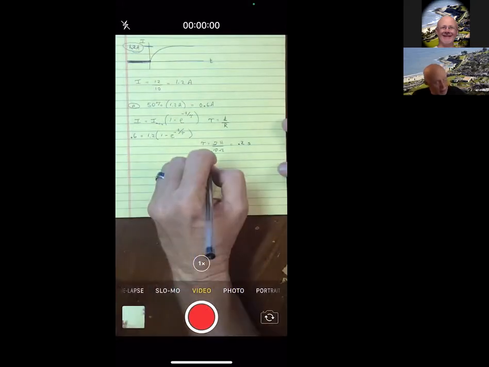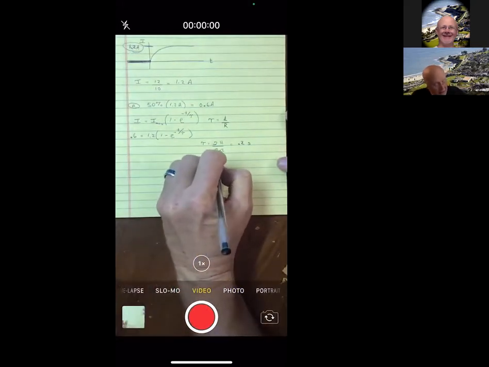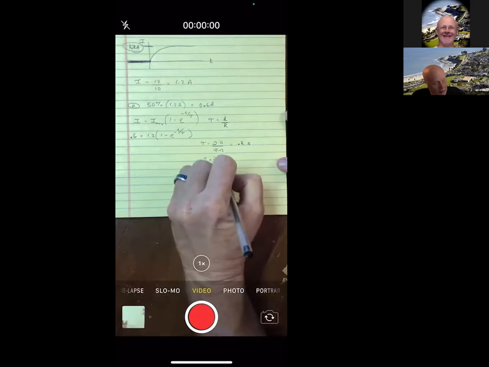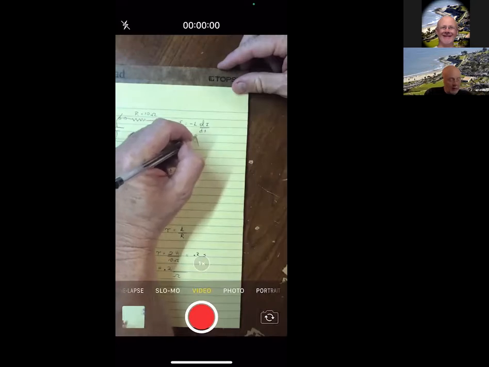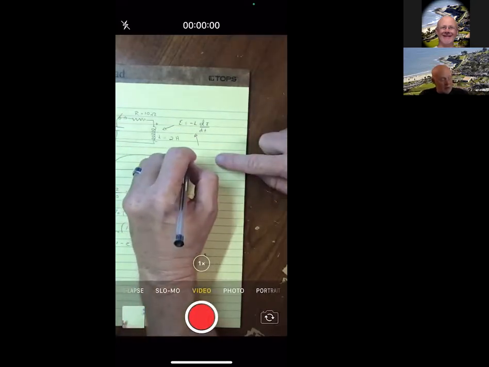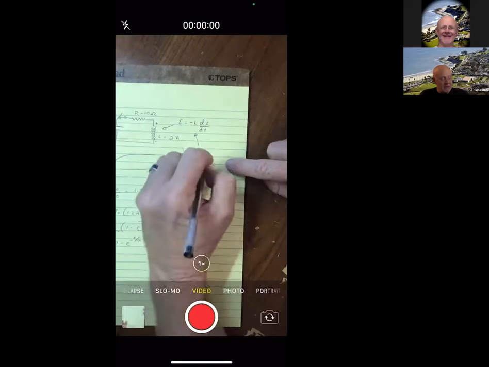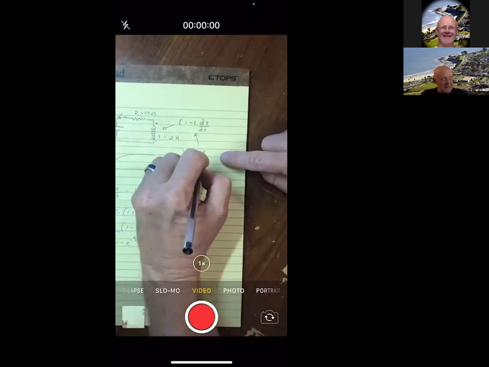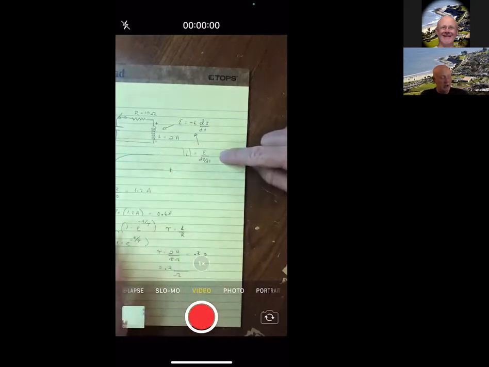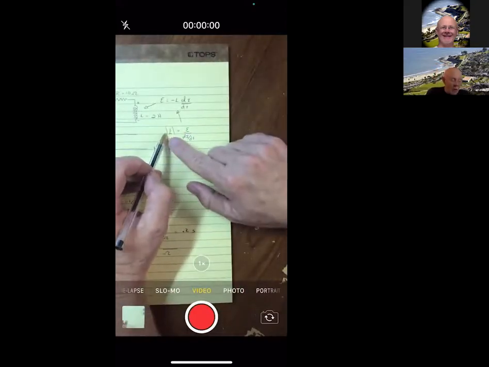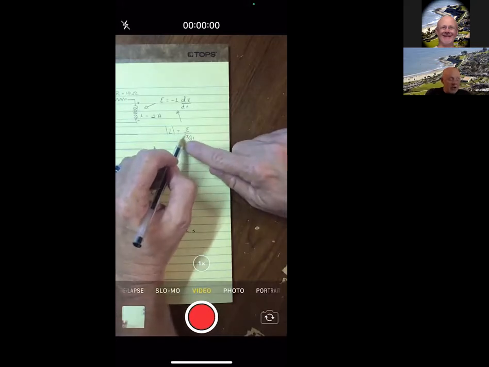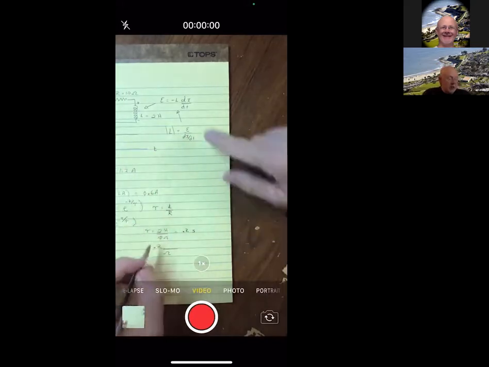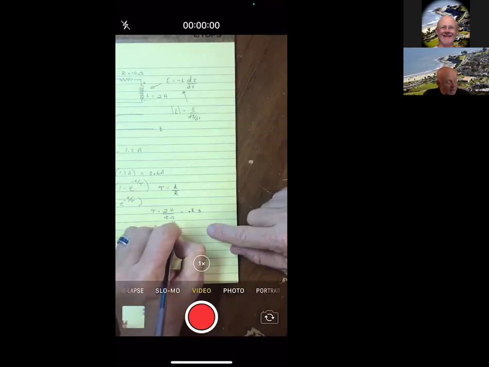Let me put in the units for Henry. The units for a Henry come from when you rearrange this equation and write the magnitude of the inductance as the EMF divided by the rate at which the current is changing. An inductance of 1 Henry is when you get 1 volt because the current is changing at 1 amp per second. So a Henry really is 1 volt per amp per second.